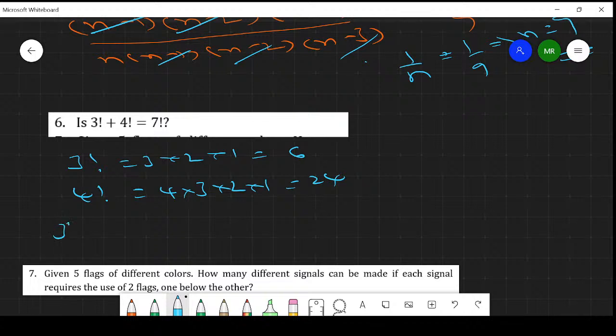We are adding 3 factorial plus 4 factorial is equal to 6 plus 24. It will be 30.